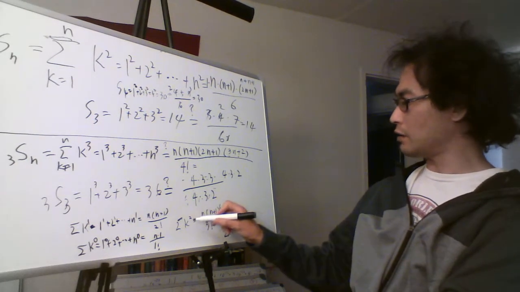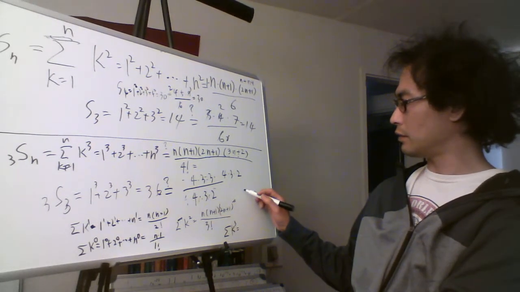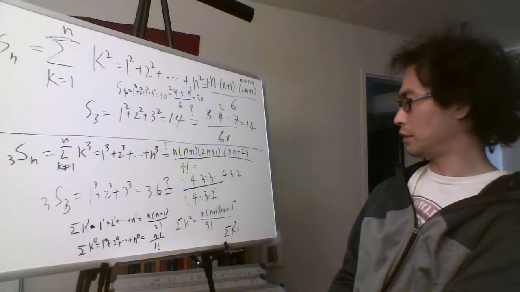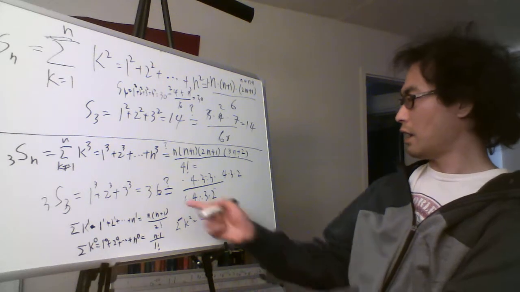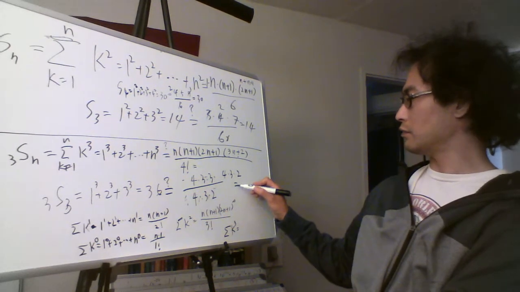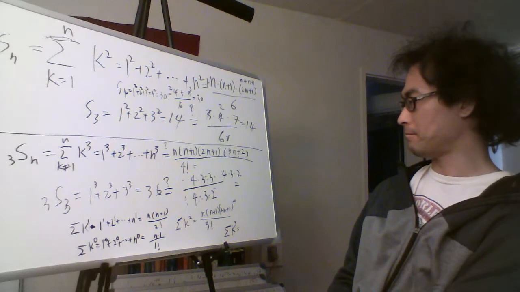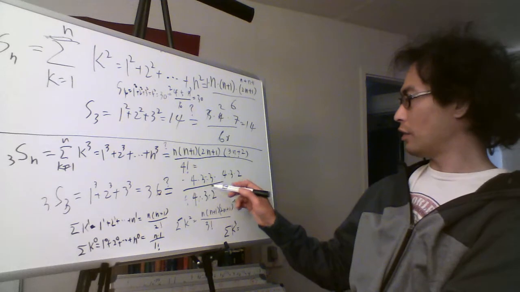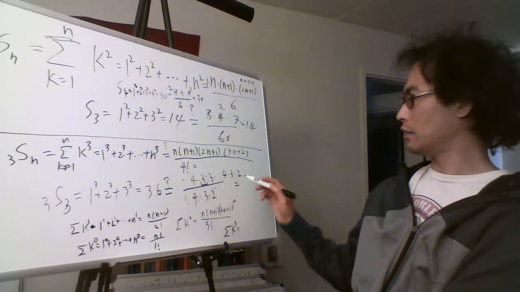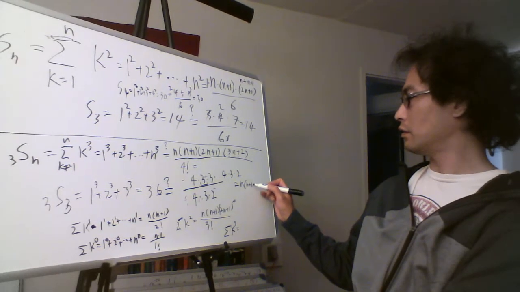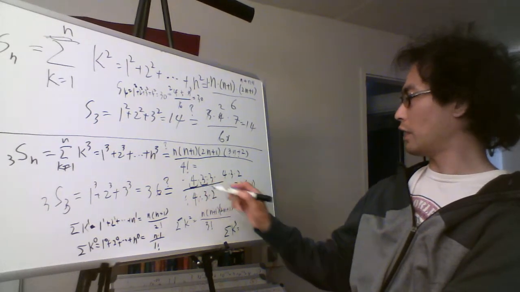So this k squared, okay, N is equal to 3, so this is same as what? You have 3, which is n, okay? N times n plus 1, which is 4, okay?